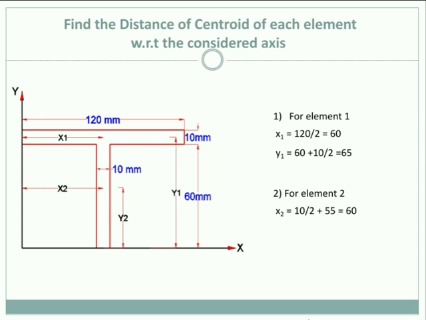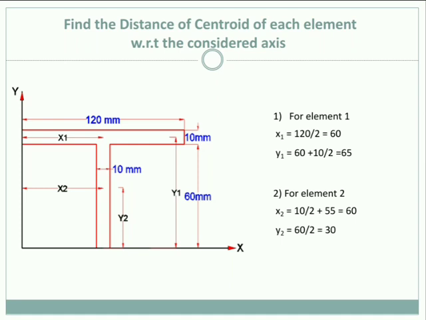Next, when we want to find y2, it is straightforward. Now there is no relation of the first element in this case, because our axis is below the second element itself. So directly, what is y2? y2 will be d by 2, that is the depth of the second element by 2.